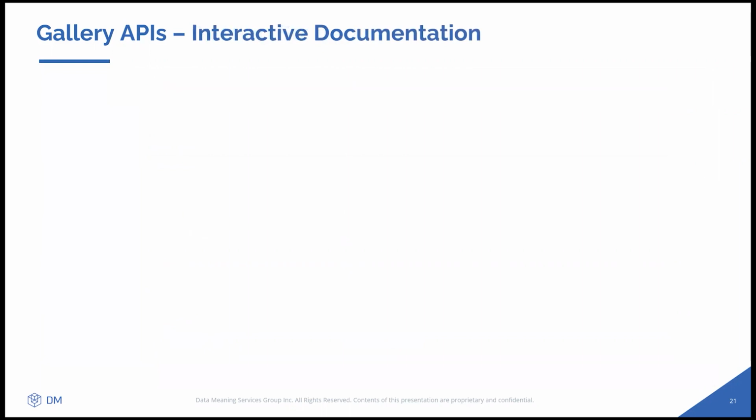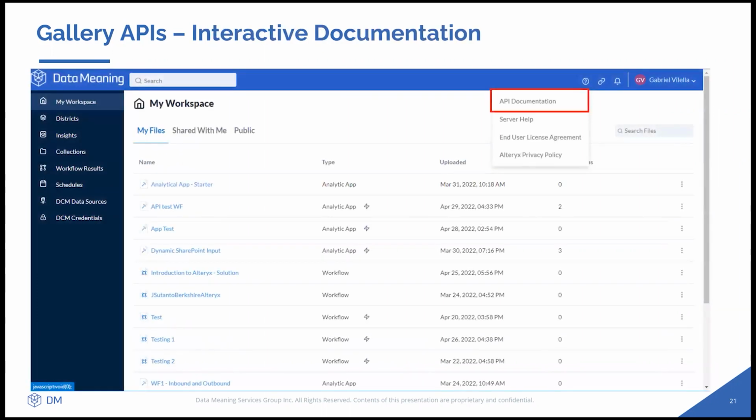All right, so what about the documentation? How can we see all the endpoints and test those endpoints, right? Now that your user has access to the API, you're gonna see here an API documentation link on top, on the top menu, right? So if you hover your mouse over this link icon, it is gonna show you this menu here.